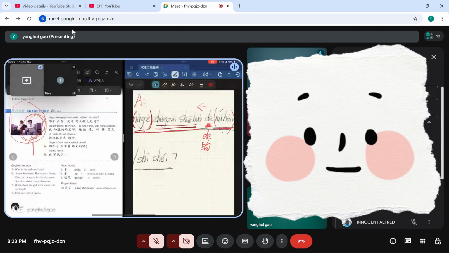So who is that girl who is speaking? 那个正在说话的女孩是谁. 正在 indicates that the action is in process. 说话 is to speak. 正在说话 is speaking. 那个正在说话的女孩是谁?